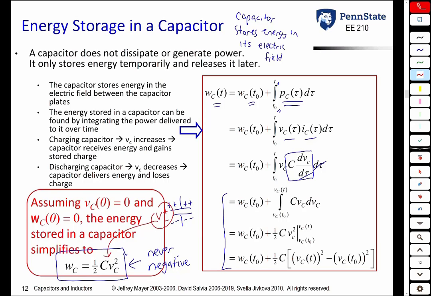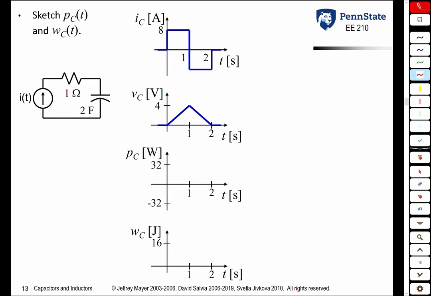Let's look at an example relating, once again, current to voltage to power to energy. So in this example, we have a current source passing through a 1 ohm resistor to a 2 farad capacitor. These are not very realistic numbers here, but it makes the math simple.